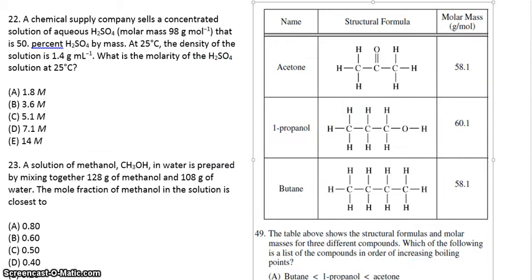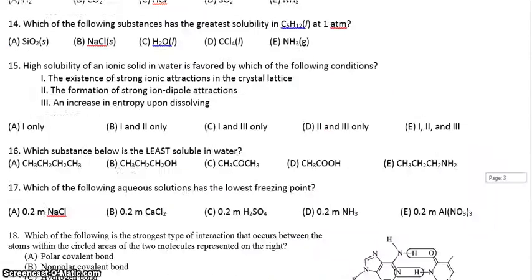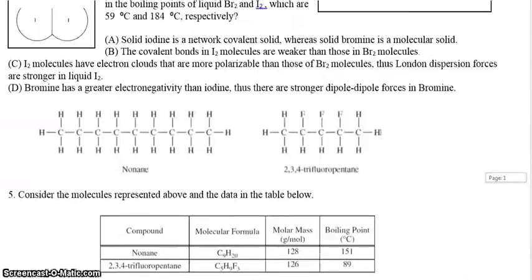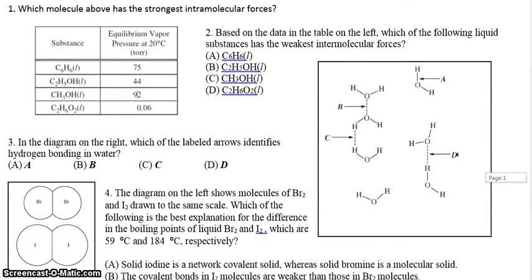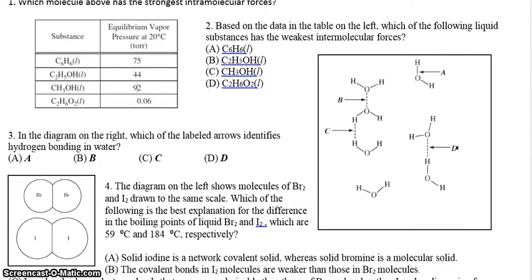So let's come back up to page 1, and let me take a look at some of these questions here. If you take a quick look at number 2, it asks us, based on the data in the table on the left, which of the following liquid substances has the weakest intermolecular forces.